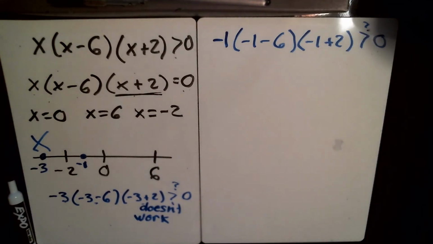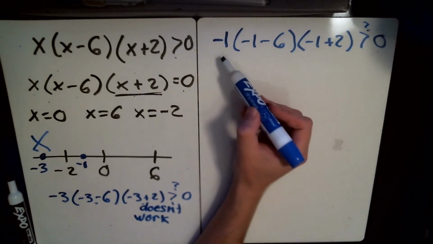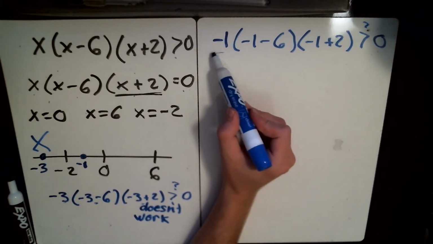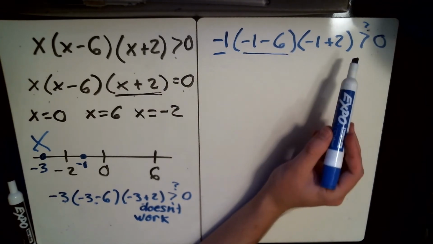This first one is negative. -1 minus 6 is going to be negative.